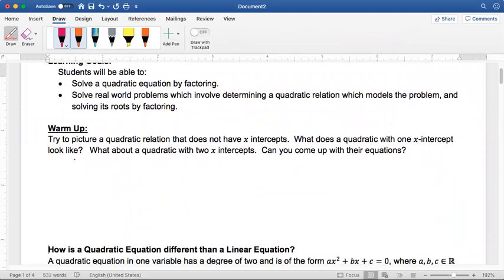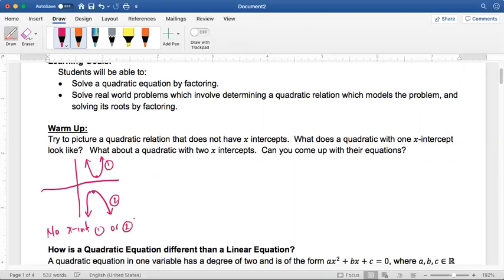So what you should be visualizing, a quadratic that doesn't have any x-intercepts, would be a quadratic that opens upwards and its vertex is above the x-axis, or one that opens downwards and its vertex is below the x-axis. So these will have no x-intercepts for either the first one or the second one.